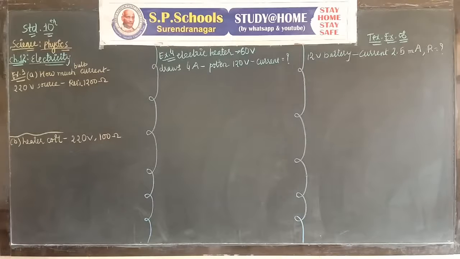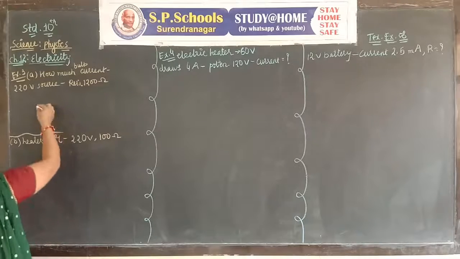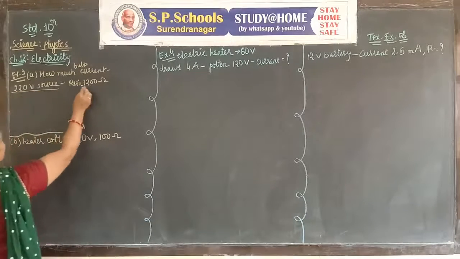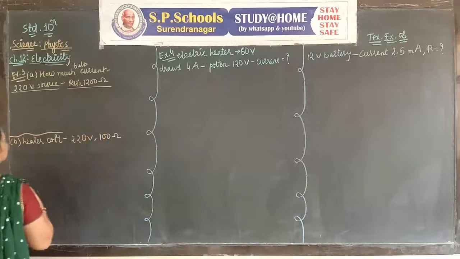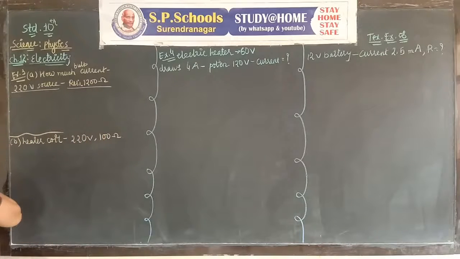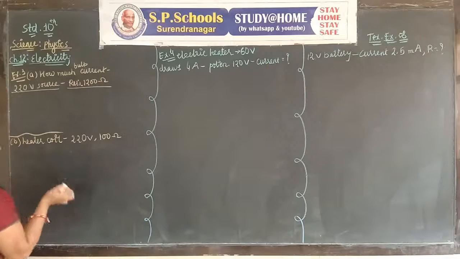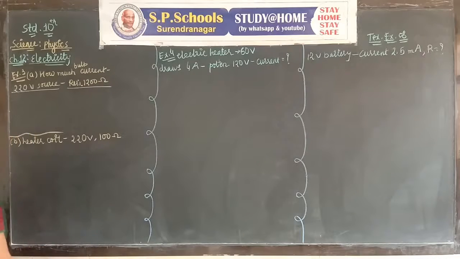In a bulb, how much current will pass? The source is given as 220 volt and the resistance is given as 1200 ohm. When we solve examples, first we put the values which are given.